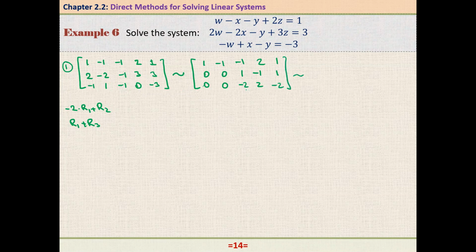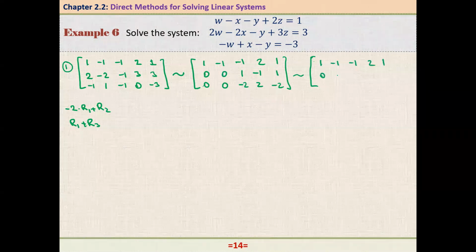And you see here, the third row is just a multiple of the second row, right? If you multiply the second row by -2, we will get the third row. So if you multiply by 2 and add it to the third row, what do we have here? 1, -1, -1, 2, 1.